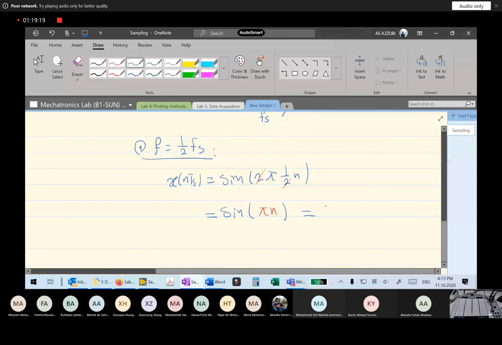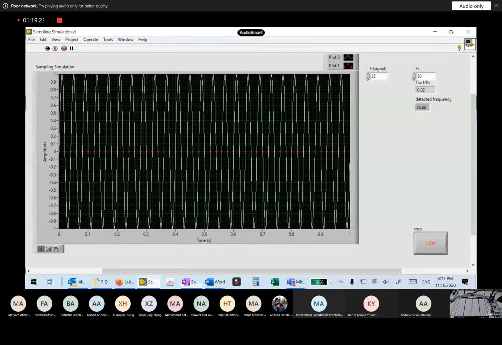So I have a signal. It has a frequency of 25, but when I sample it on the computer, I see 0. Okay, and this is my red dots here on the graph. Okay, Shabab. So what does this mean?